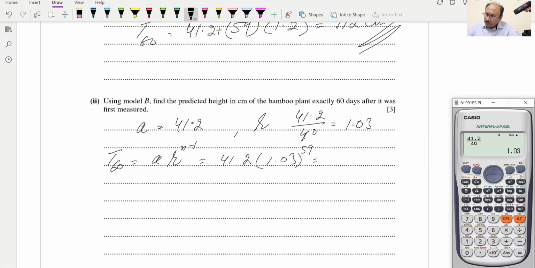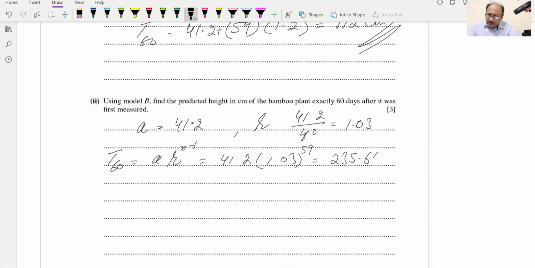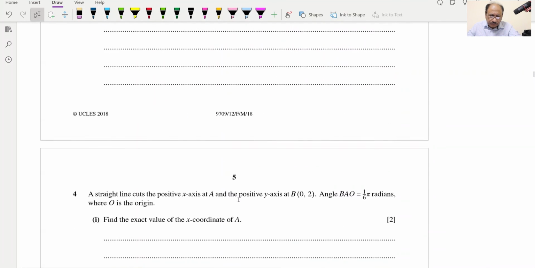So this will be 41.2 in brackets 1.03, and whole raised to the power 59, which is equal to 235.66, and we can round it to 236 centimeter. This will be the final answer for this question, in which they are saying using model B find the predicted height exactly after 60 days. So this will be under geometric progression.